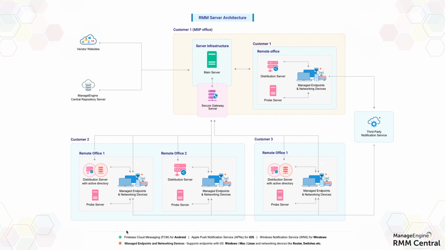So that's the secure gateway you've got in between. And you've got one customer with the remote office where you've got distribution servers and probe servers managing all the networking and the endpoints. And it gets connected to multiple customers. You can have multiple customers across, and all of them can connect through the main central structure through a secure gateway server. This is a simple explanation of how the RMM server architecture is.